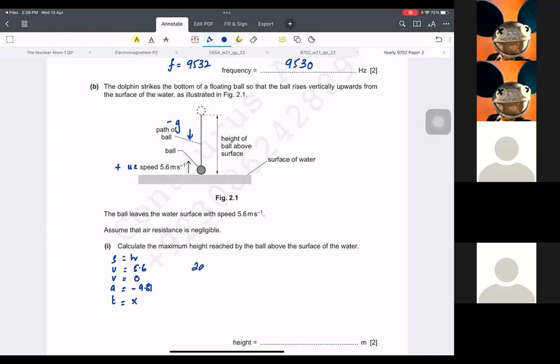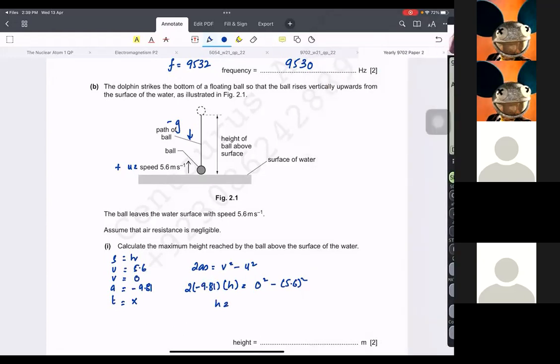So the best equation would be 2as equals v squared minus u squared. Please be very careful about the signs, because then you might get math errors, you might get wrong answers. So this would be 1.6 meters. That's cool.